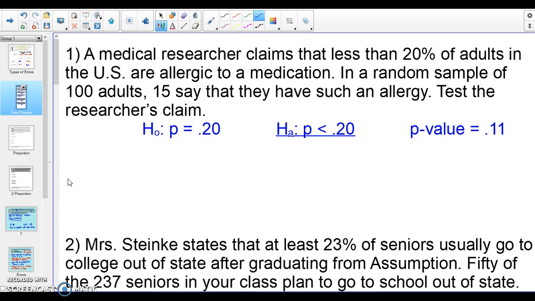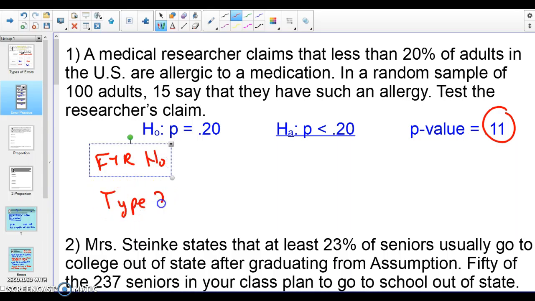So on the one about what proportion of U.S. adults are allergic to medication, the p-value was 0.11, so 11%. So we would fail to reject the null. Therefore, since we are failing to reject the null, we could have made a type 2 error.